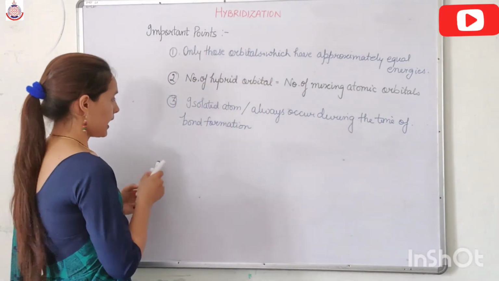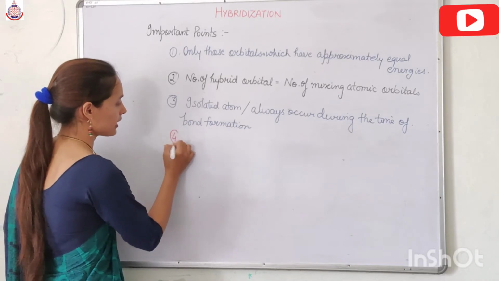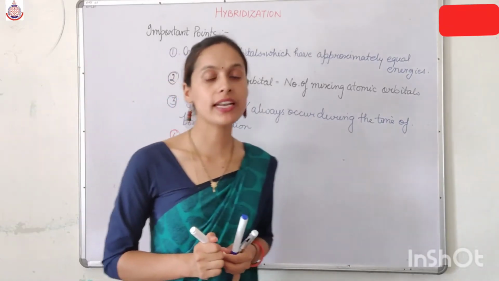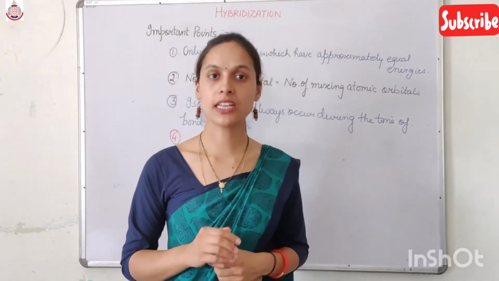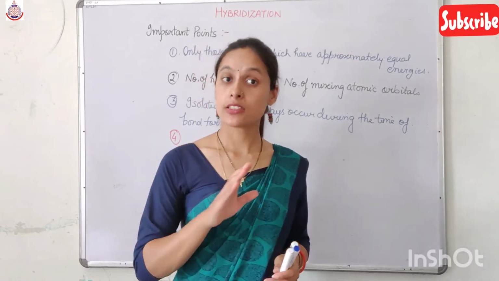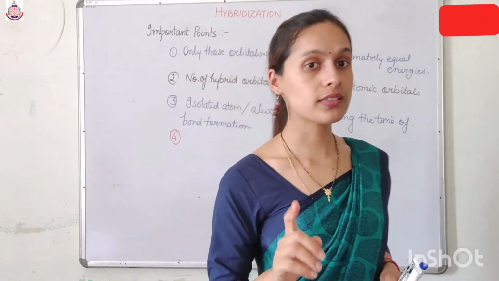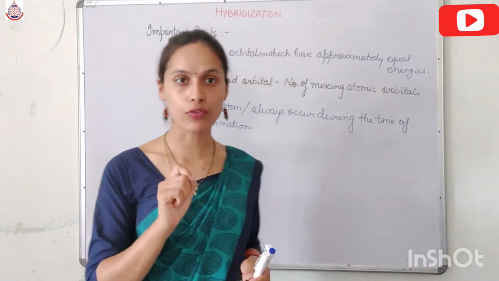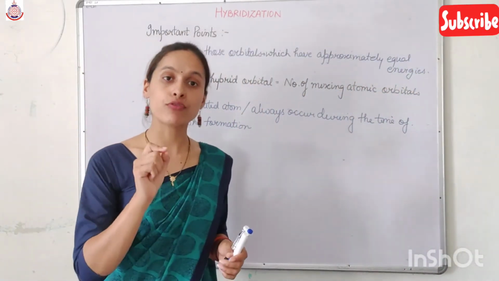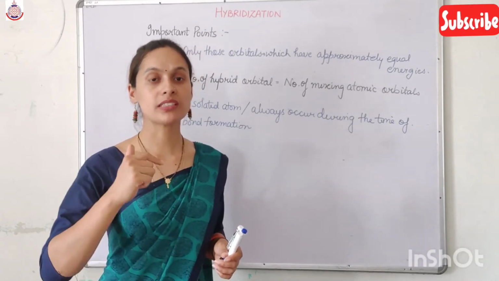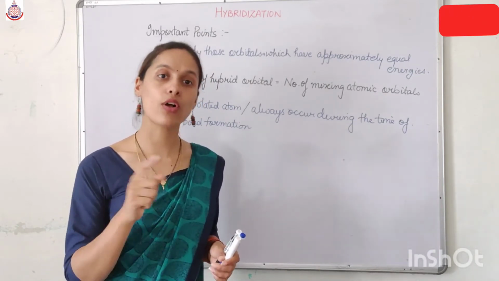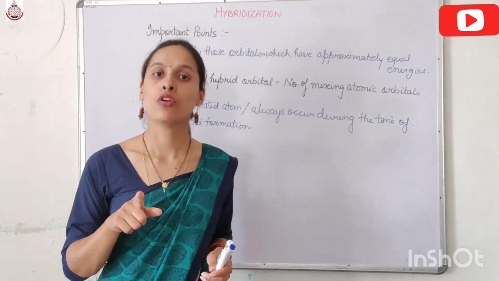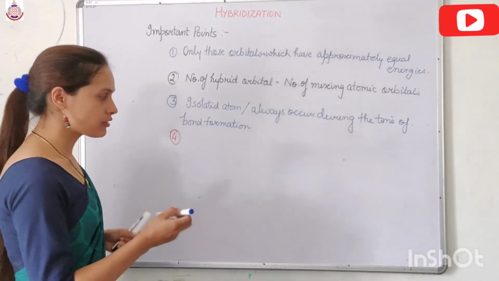Next, it is not necessary that a half-filled atomic orbital will always participate in bond formation. Sometimes a fully filled atomic orbital with slightly different energy can also participate in bond formation. So what is the next point?